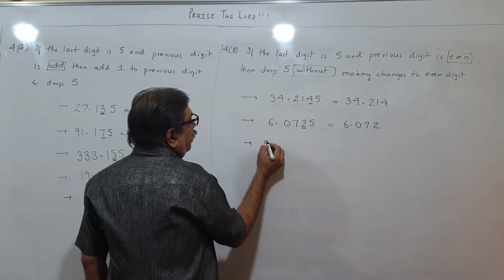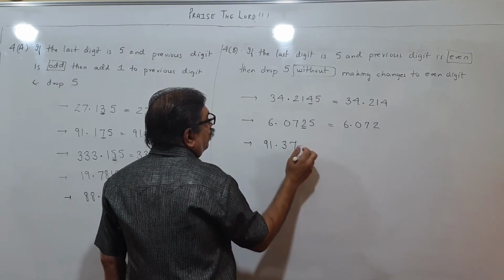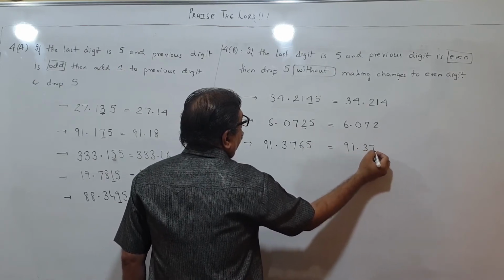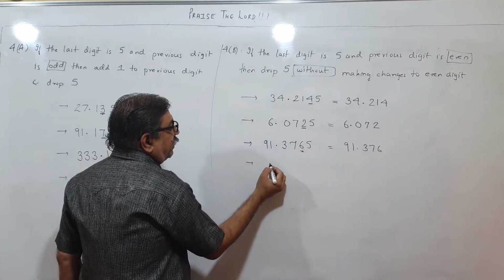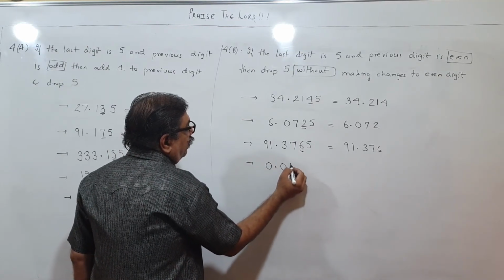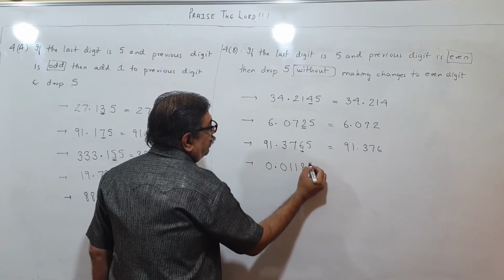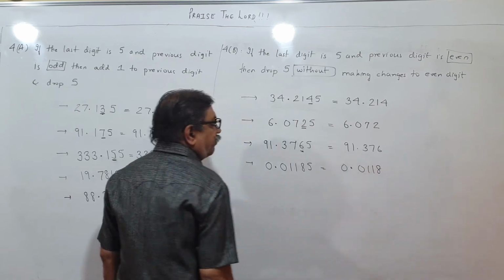If I am having 91.3725, I have taken 65, so this will be 91.372, because this is even. If I am having a number like 0.01185, then this will be 0.0118.